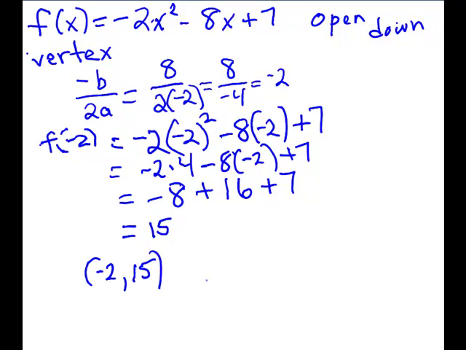Our axis of symmetry, I'm just going to call it x equals -2. So it flips across that line. And the y-intercept is the easy one to get. So you plug 0 in. When you plug 0 into this, it's going to wipe out this term and this term.